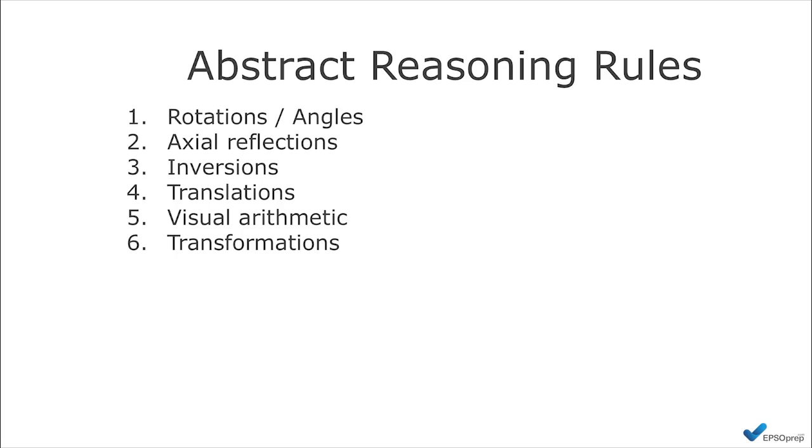The sixth rule is called transformations. In these type of questions, a pattern is created using a marked change. The marked change can be in form or appearance of an object. The seventh rule is called superposition or composition.